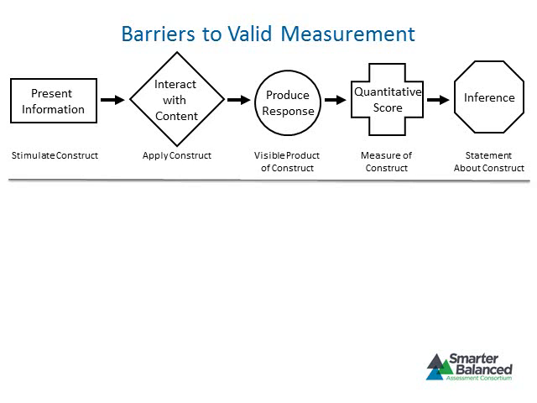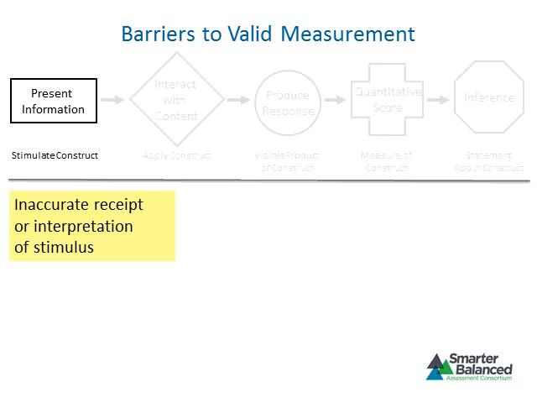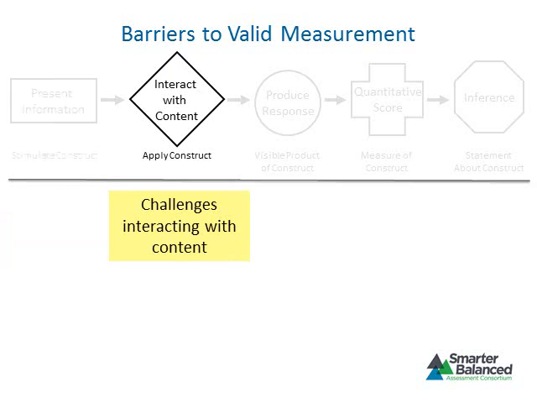As was also discussed in the Universal Design module, there are at least 3 primary barriers that impact the accessibility of an item. First, if the information presented by the item or task to the student is not accurately accessed by the student, the item or task may not appropriately activate the knowledge, skill, or ability that is the target of assessment.